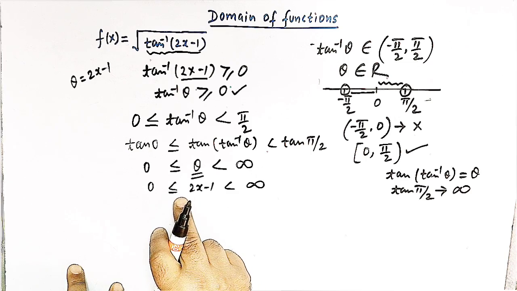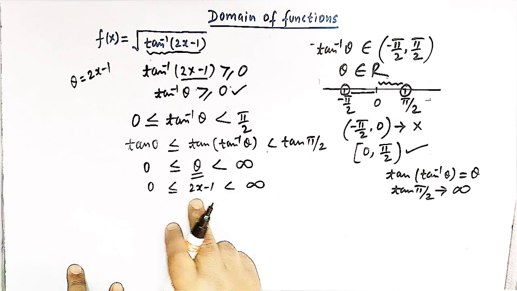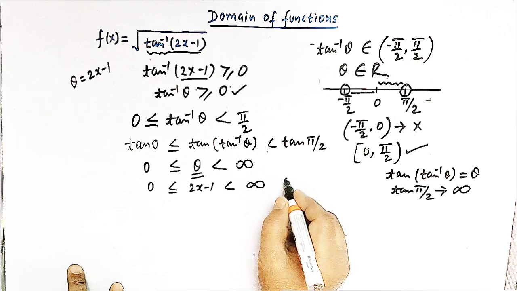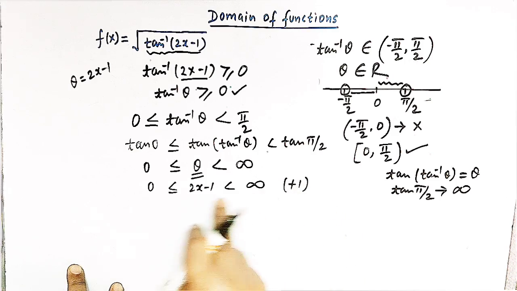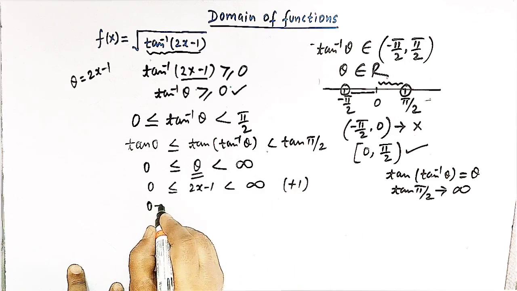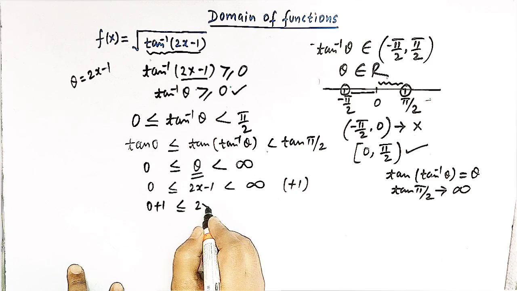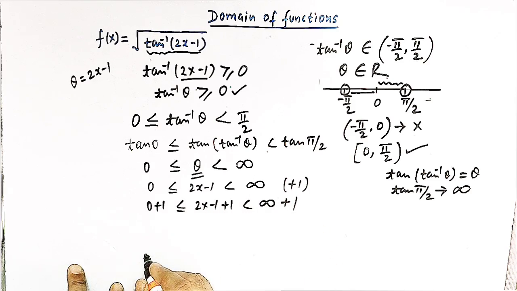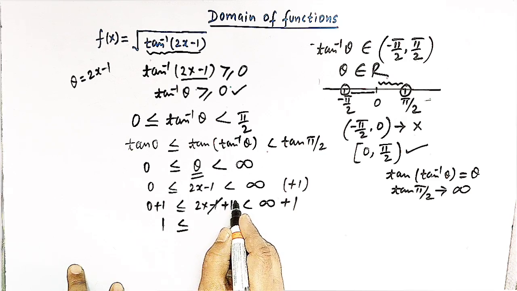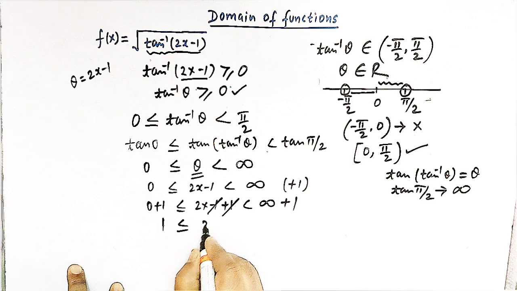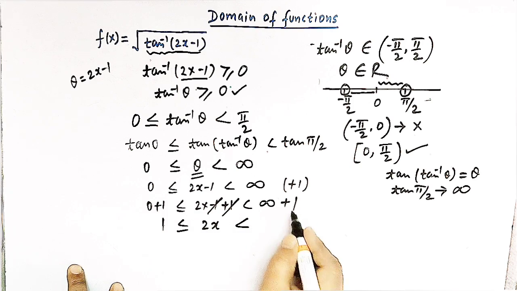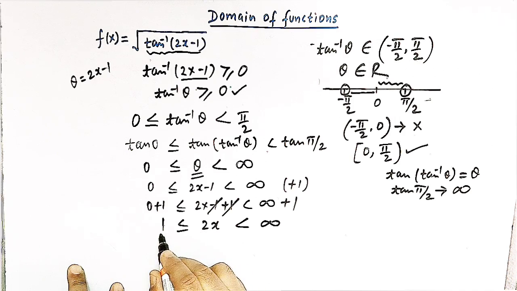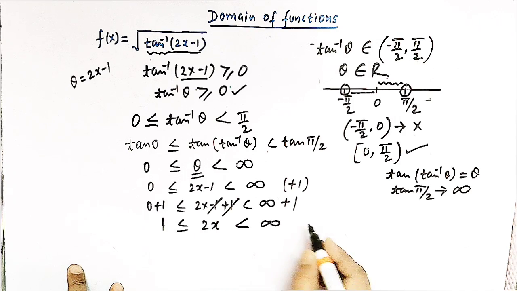Now to solve this inequality for x, let us add 1 throughout. We have 0 plus 1, 2x minus 1 plus 1, and infinity plus 1. So we have 1 simply, the minus 1 and 1 get cancelled, and infinity plus 1 is again infinity. Now let us divide throughout by 2.